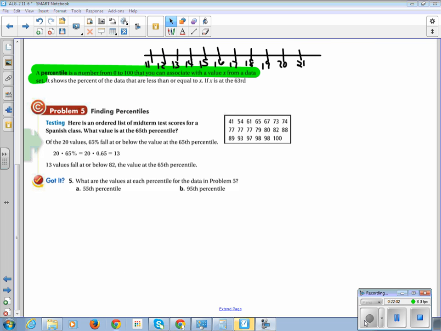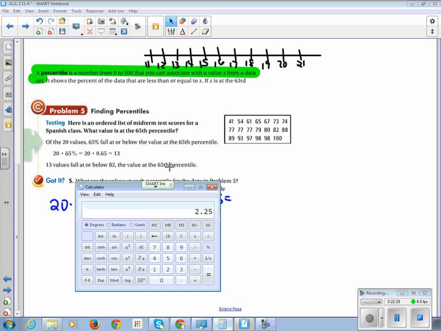What are the values at each percentile for the data in problem number 5? So the 55th percentile, so there's 20 data values. And we want to know how many are 55th percentile or below.